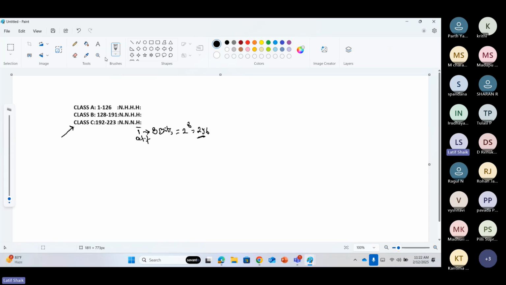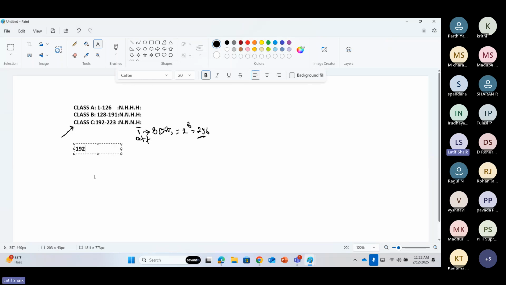So here, just for example, I'm going to type an IP address. This is the very first one in the network, starting with 0 and ending with 255. The last one is 192.168.1.255.